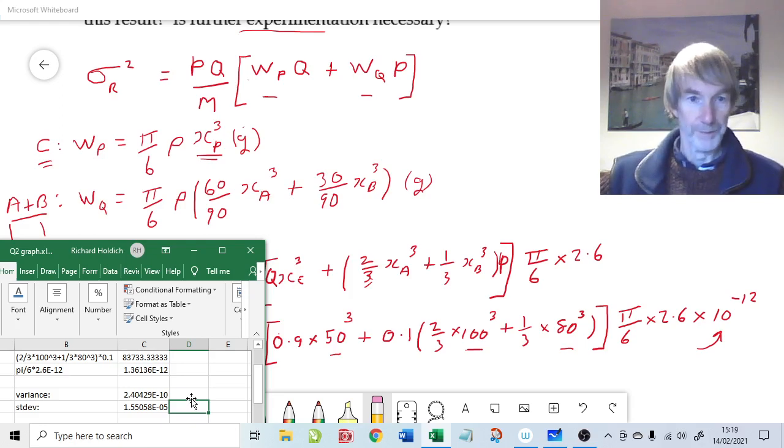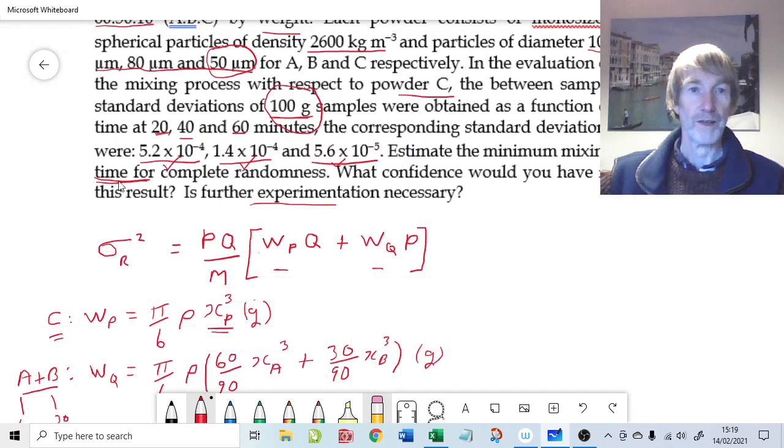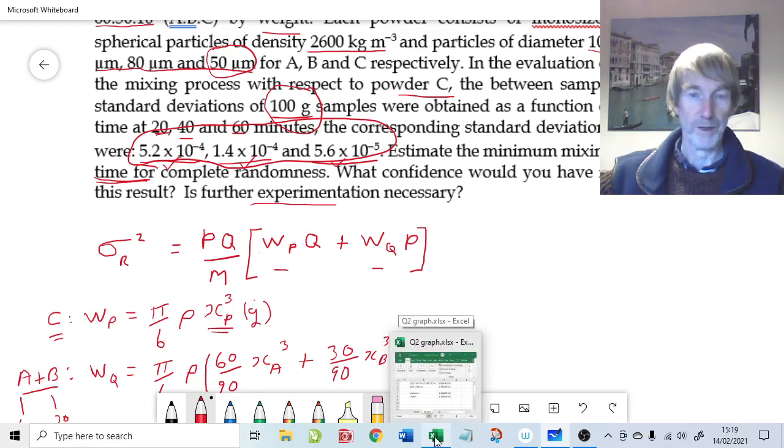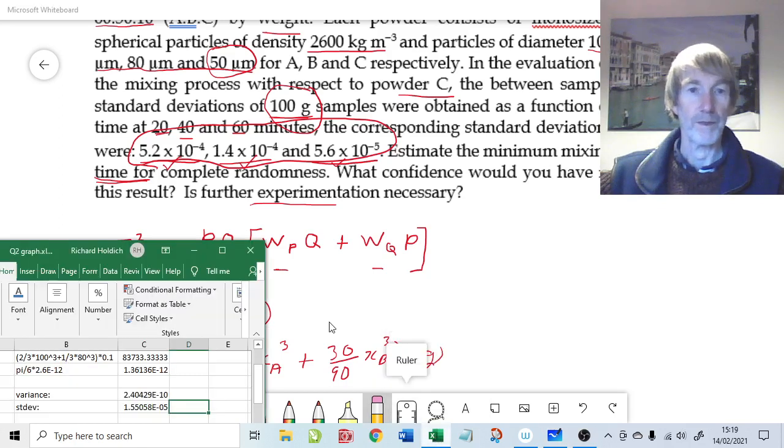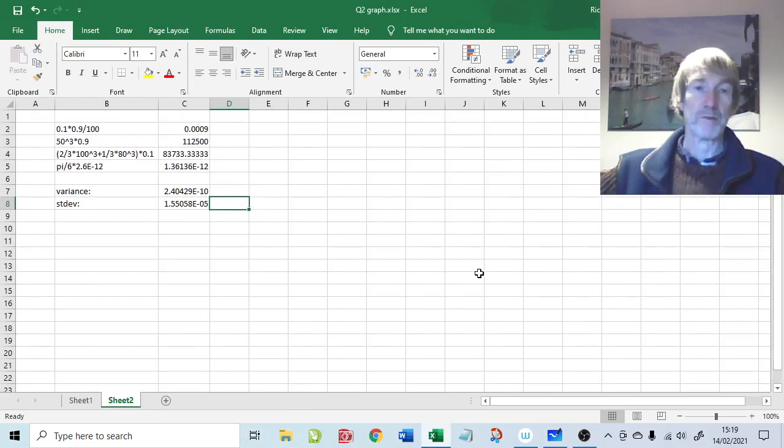Right, so the question was asking us to comment on these values of standard deviations and how we can use that to calculate if we have reached an appropriate time for mixing, if we've reached what we would expect the mixture quality to be at maximum randomness, because we know we're not going to get a perfect mix.